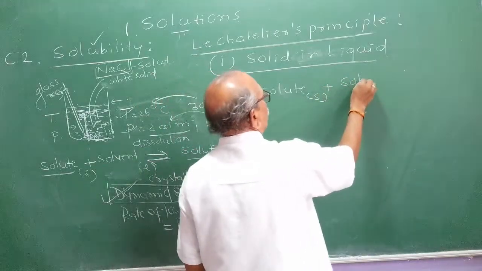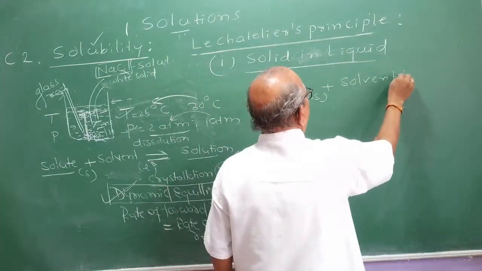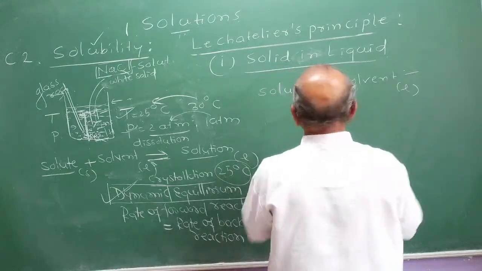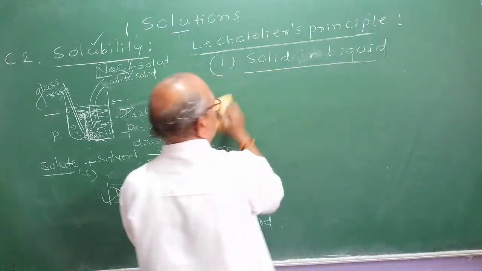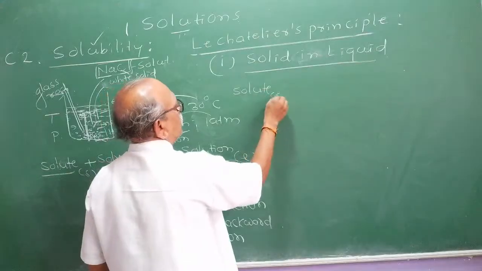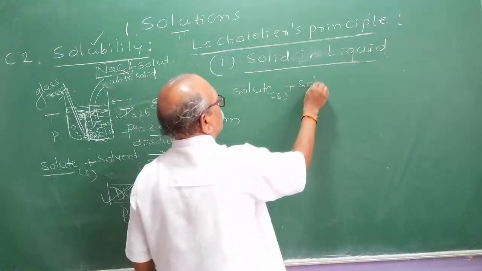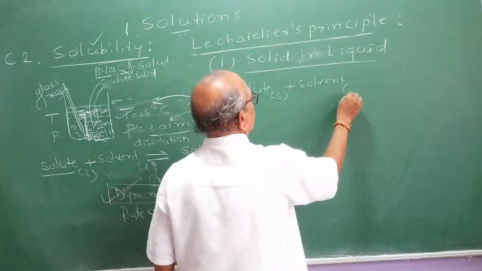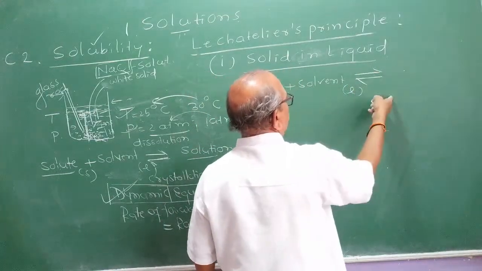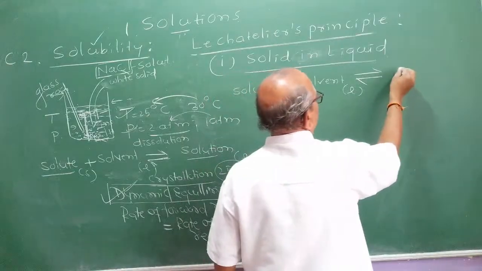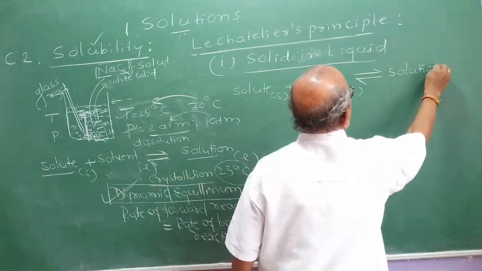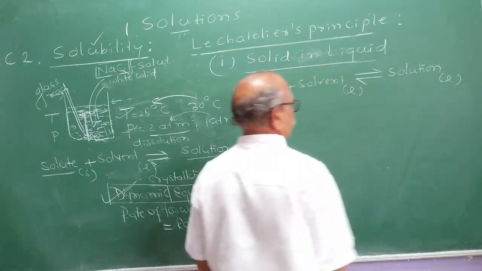Now we have solvent in liquid state. I will write the reversible sign. This is solute, solid, plus a solvent, liquid, and this is a reversible process. Forward reaction is the dissolution, backward reaction is crystallization, and you will get a solution. This solution will be in the liquid state.